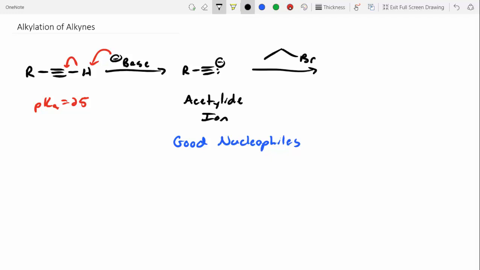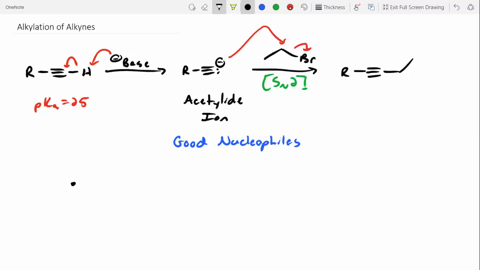We've got a good nucleophile. What was it? SN2, exactly. So this is why we can't forget first term stuff. We can get an SN2 reaction where this acetylide will do a backside attack and kick off this bromine. And now we've formed an internal alkyne.